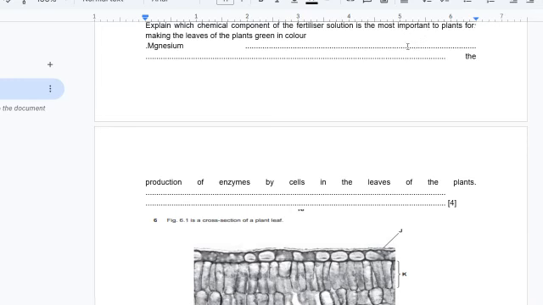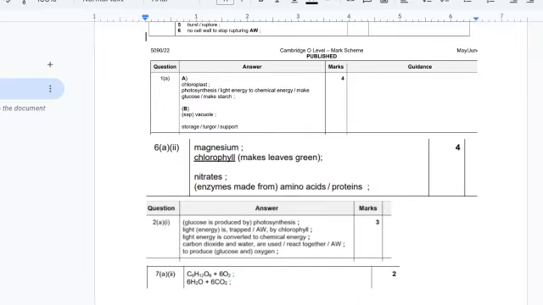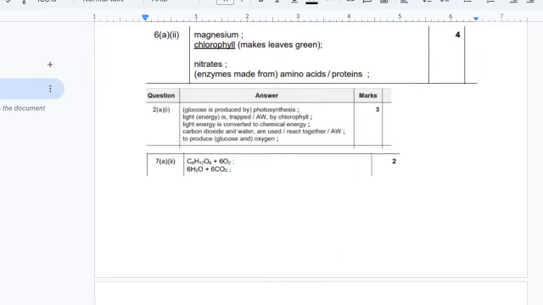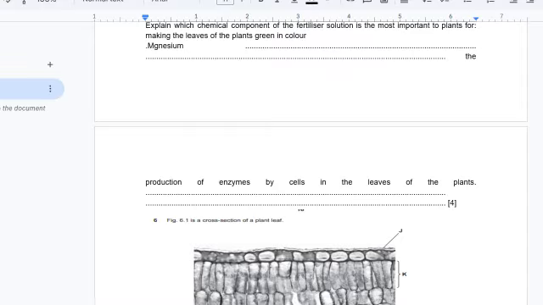Explain which chemical component of the fertilizer solution. So another fertilizer.